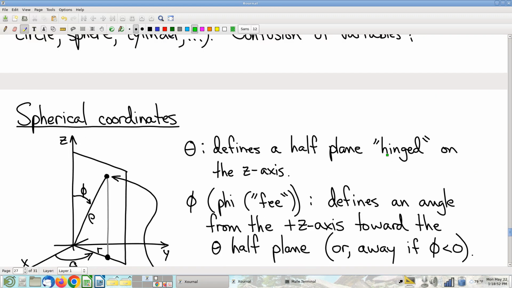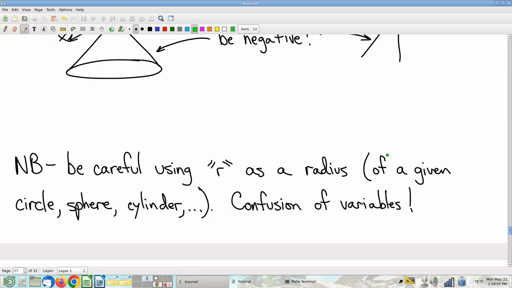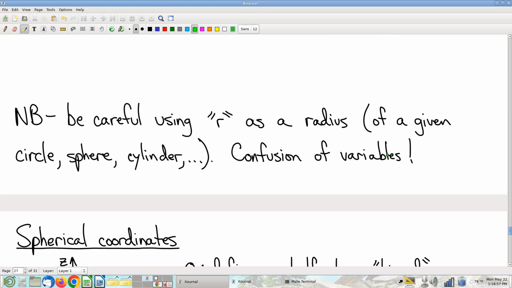Okay, real quick, this is just a notational warning. Confusion of variables is a real problem. We only have so many letters to use, right? That's part of why we branch out and start using letters of different alphabets, like the Greek alphabet, theta, and stuff like that, alpha. So there is a strong temptation to use r whenever you have a radius given.